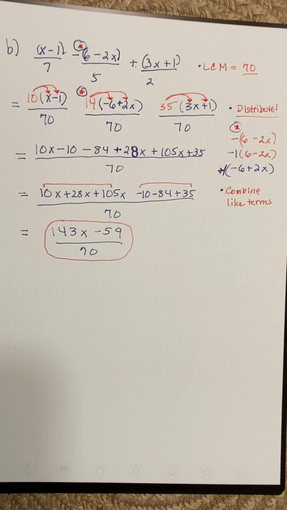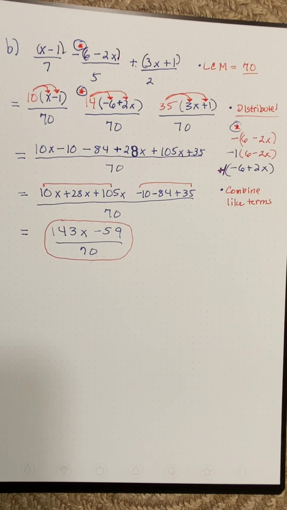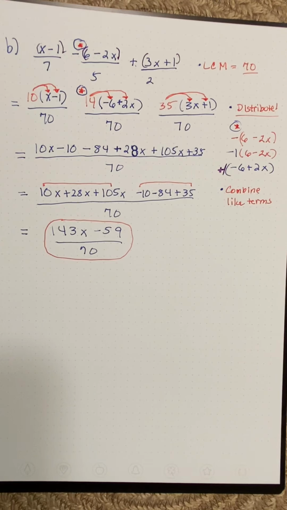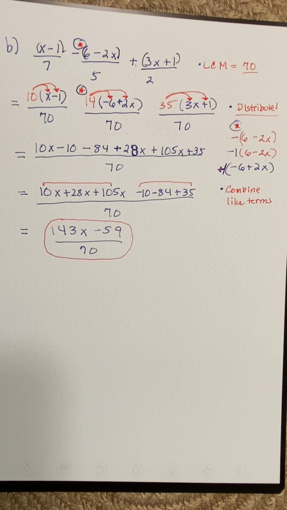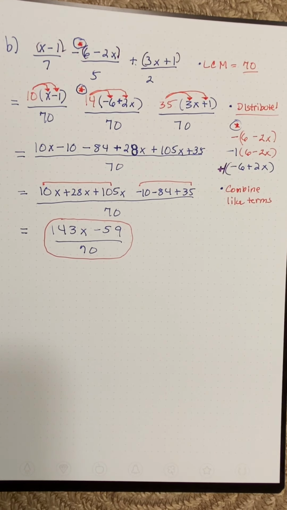When you are confident that you understand all of the workings, your assignment for tomorrow is page 106. You are going to do numbers 1 through 2, letters C as in cat. This is a 3-day lesson because there's lots of thinking, and you really have to keep your positives and negatives, your distributive property, and combining like terms straight.